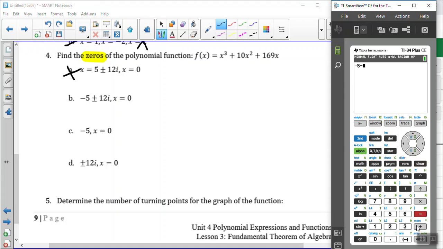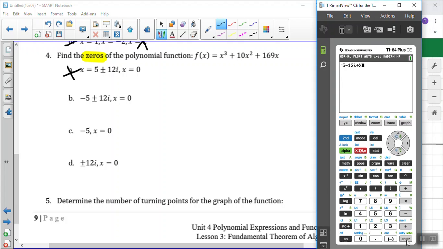I can just type negative 5 plus 12i and store this number for x. What that does is it makes your x equal to whatever you plugged in there. You can look up here and see what x is equal to. So whenever I press x, it's going to read it as whatever you plugged in there.